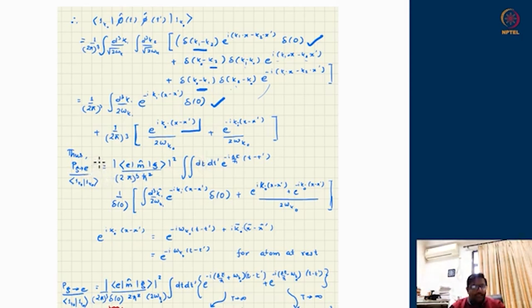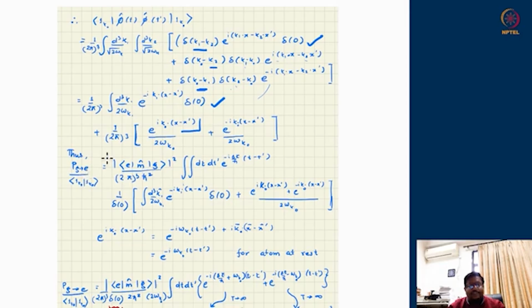In the transition probability expression, what we needed to compute was the double integral in dt prime with this exponential weightage of the 2-point function.